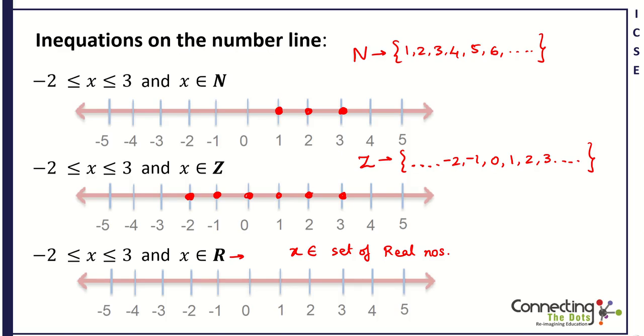The inequation has not changed at all. So what has changed from each of these examples is the replacement set. So what was x belonging to N became x belonging to Z and x belonging to the set of real numbers. And therefore, since the replacement set is changing, the representation on the number line also changes.